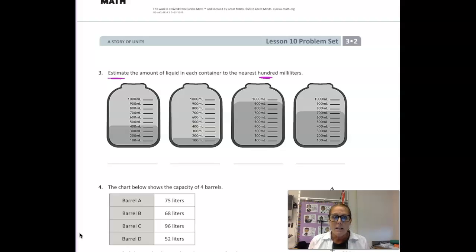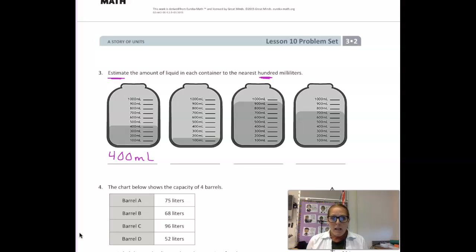To me, it's much closer to 400 than it is 500. So we're going to write 400, and we can abbreviate milliliters. Remember, there's 1,000 milliliters in 1 liter. So it makes sense that these measurements are in hundreds.